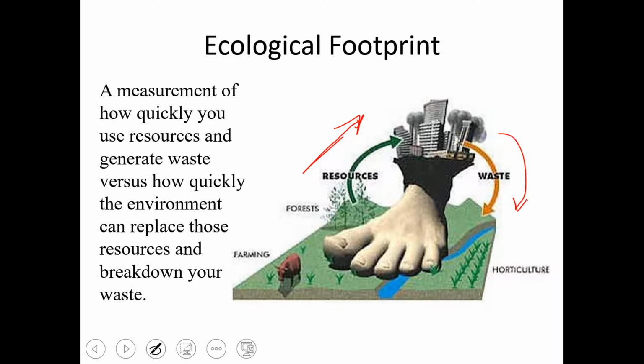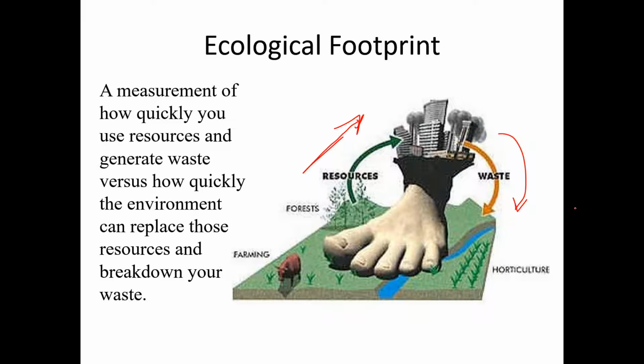So let's give a formal definition of this. Ecological footprint is a measurement of how quickly you use resources and generate waste, compared to how quickly the environment can replace those resources you've used and break down your waste. So it's looking at this balance. Even if you're using a lot, if the environment is able to maintain that, that's okay.